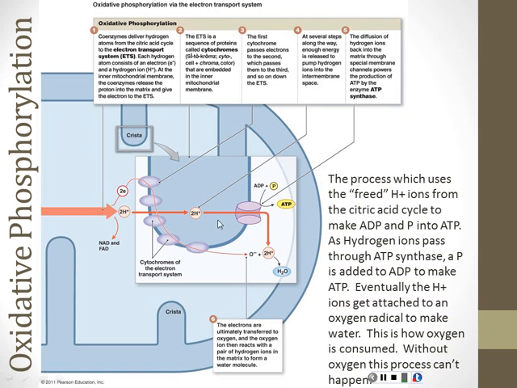All right, and then the electrons that were taken off here end up attached to an oxygen atom, and 2 of those hydrogens, after passing through the gate, encounter this oxygen radical, and those things together make water.